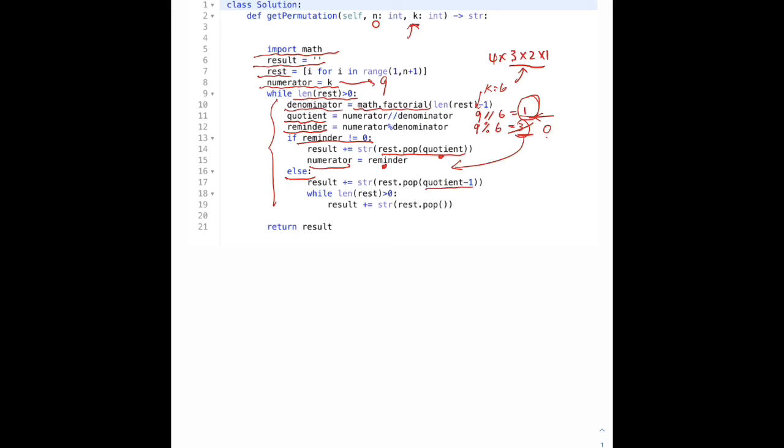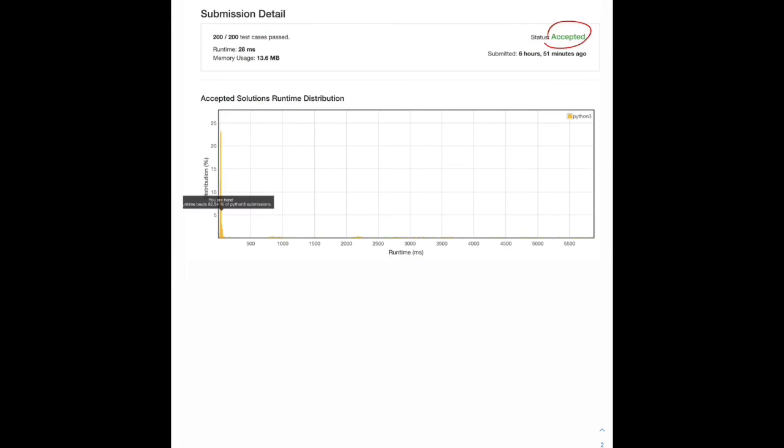So quotient minus 1, because that's the last block. And we pop it out, add it to result. Then for the rest, we just take the biggest number first and then the second biggest until we take all of the numbers from the rest. And then we return the result. The code is accepted and beats more than 80% of the submissions.